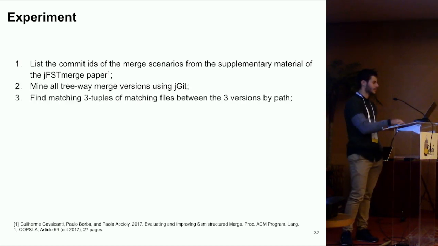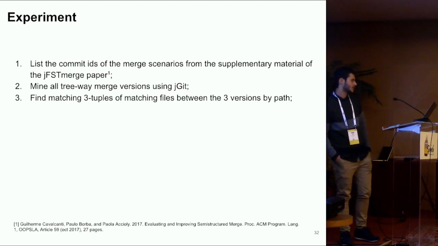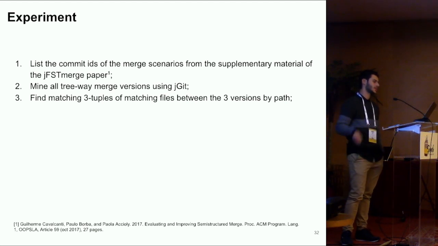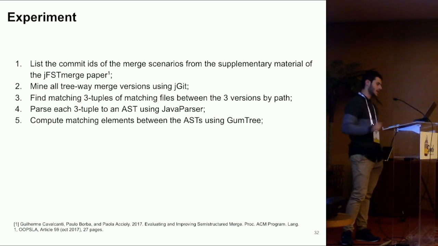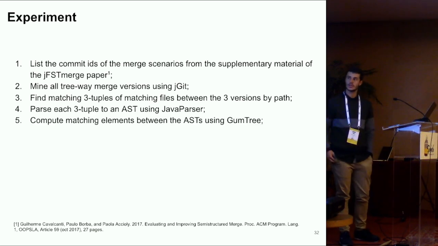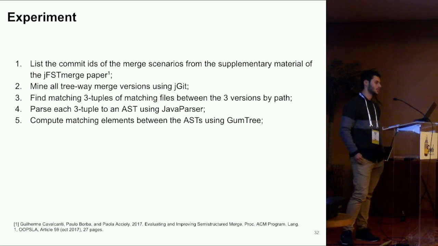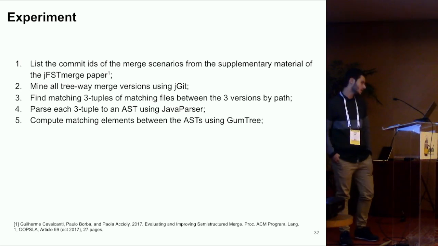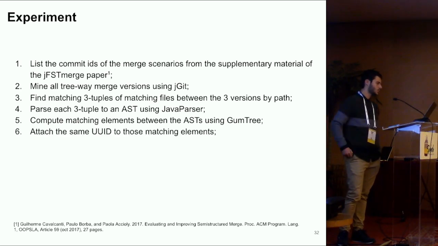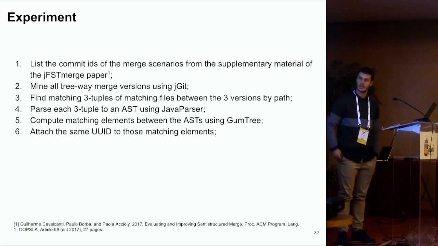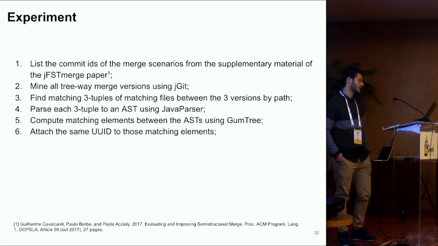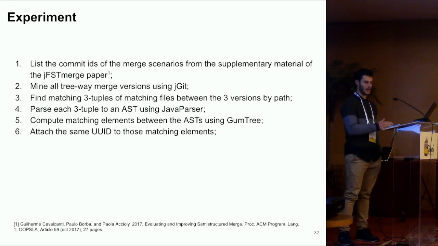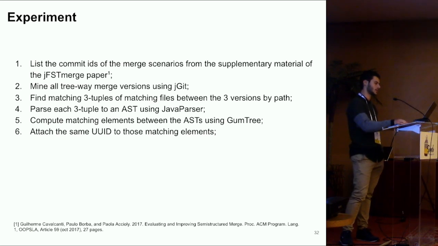We then find the matching files between the three versions by path. We parse them using JavaParser, and we compute the matching elements using GumTree, a code differencing tool. And to the matching elements outputted by GumTree, we attach the same UUID to simulate that the element was the same throughout the development cycle.